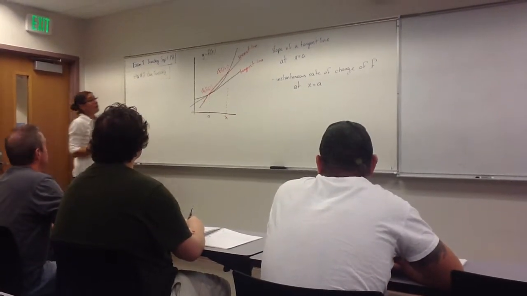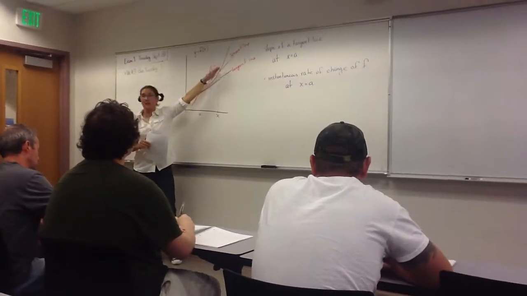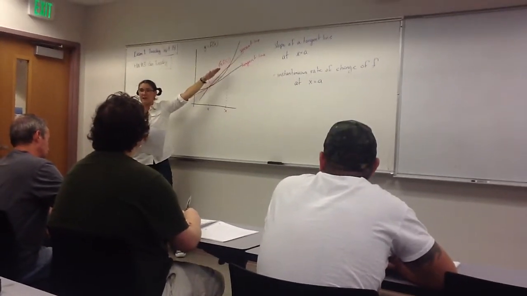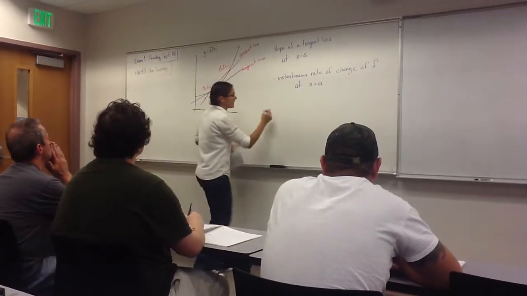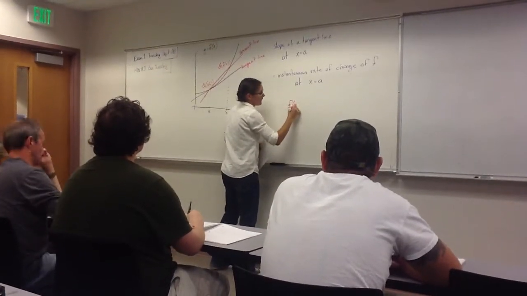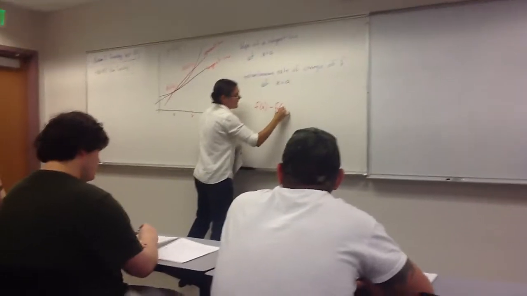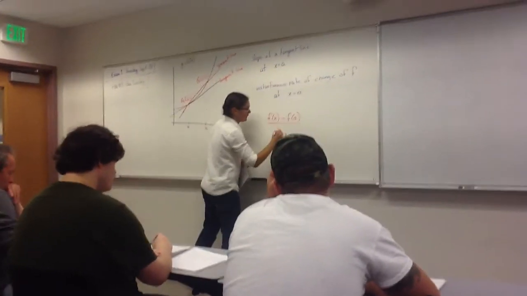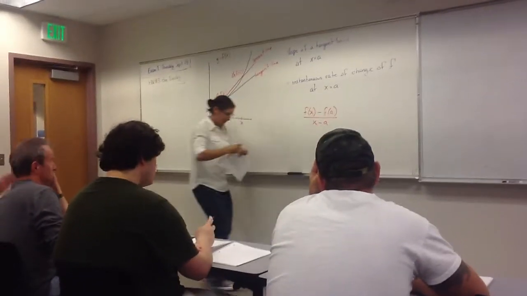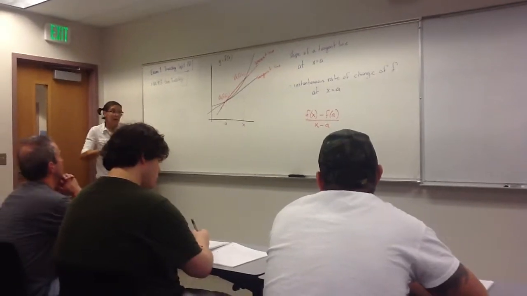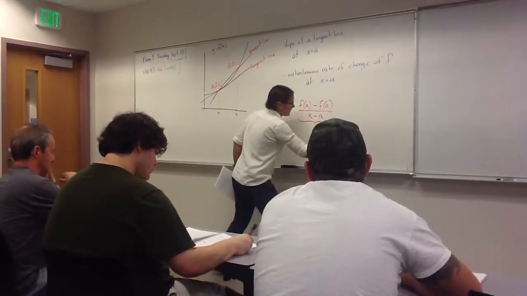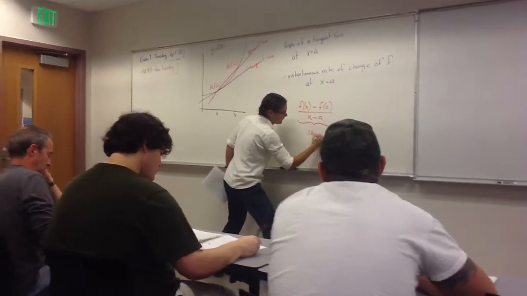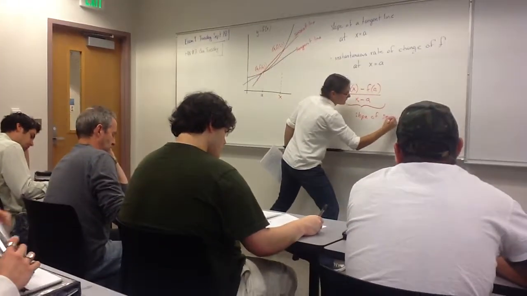If I want to know the slope of this secant line, I'm going to take the difference in my y's over the difference in my x's, so I would have f of x minus f of a all over x minus a. And just this portion of it is our slope of our secant line.